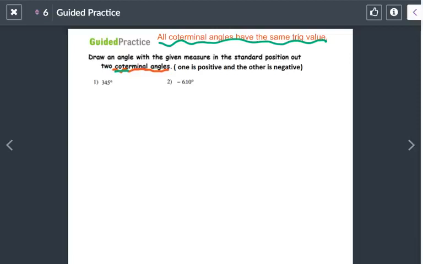First of all, for number 1, since the angle is between 0 and 360, we can draw the angle directly. The terminal side is located in the fourth quadrant, because this one is 270 degree and here's 360 degree. So here's the terminal side.